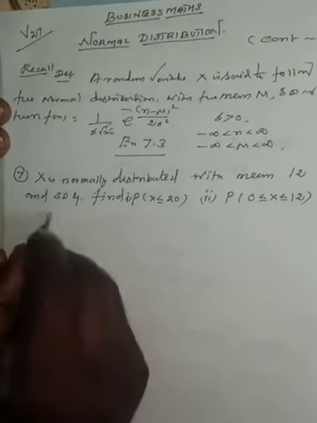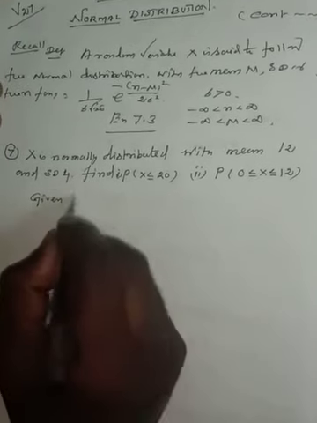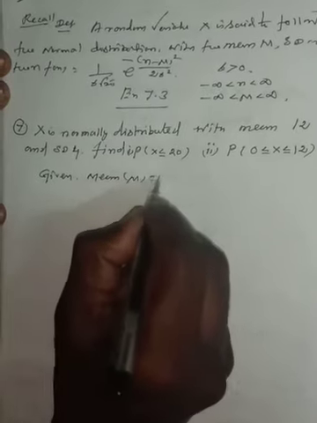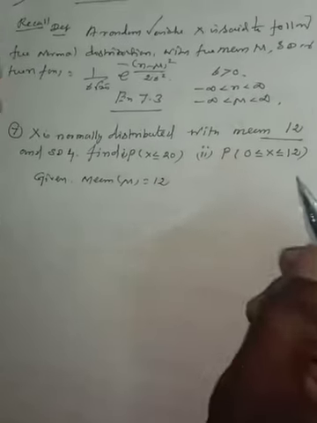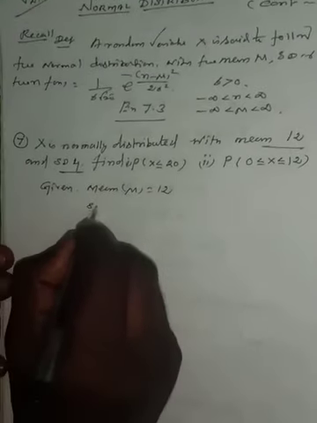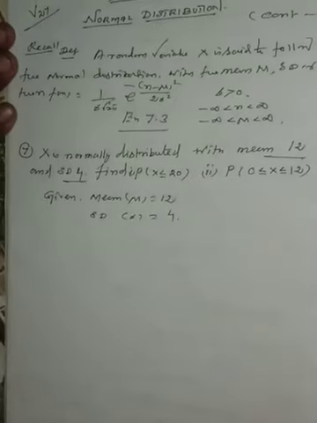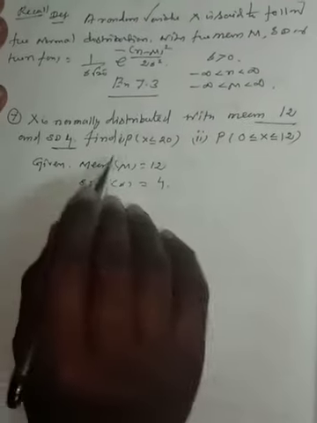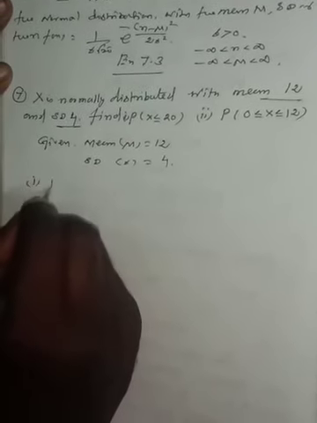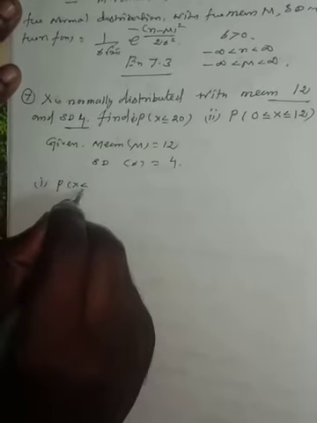Given mean mu is equal to 12, standard deviation sigma is equal to 4. First, we want to find number 1, P of x is less than or equal to 20.